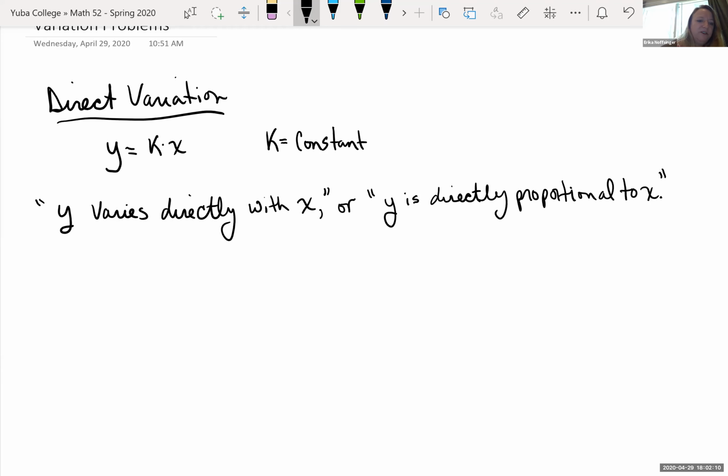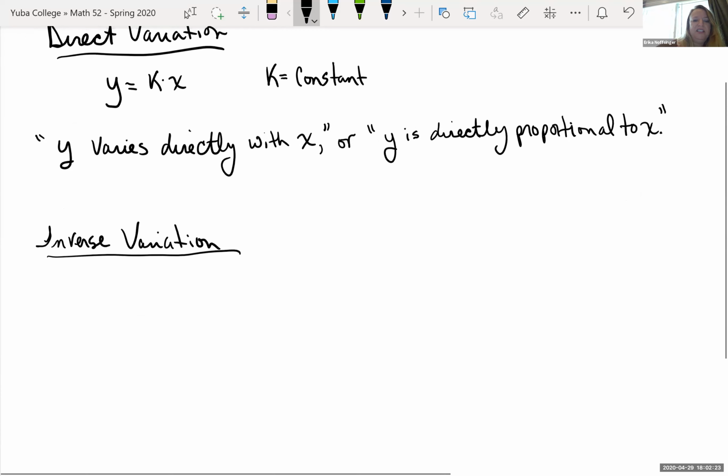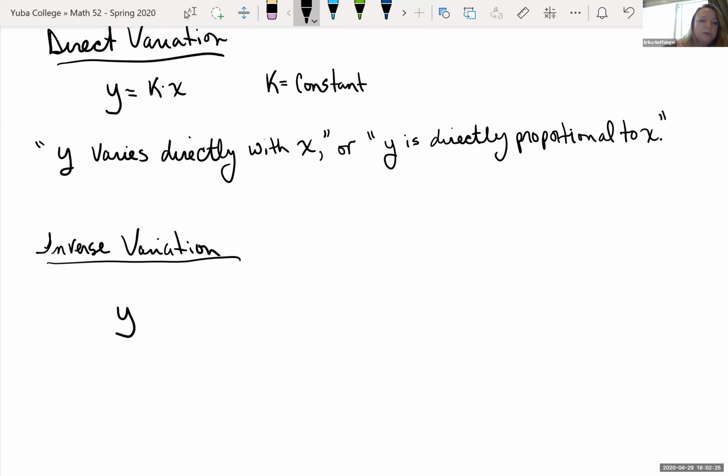If it's an inverse variation, when we write out our equation, the generic form is going to be y is equal to, we always in these variation problems have this k, at least that's what I have been calling it all these years. So you have y equals some constant k all over x.